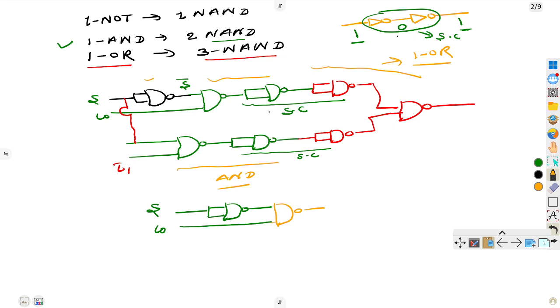Because this is a short circuit, it means a complete path. If two inverters come in series, we can replace them with a short circuit line. Okay, and at the output we will connect.